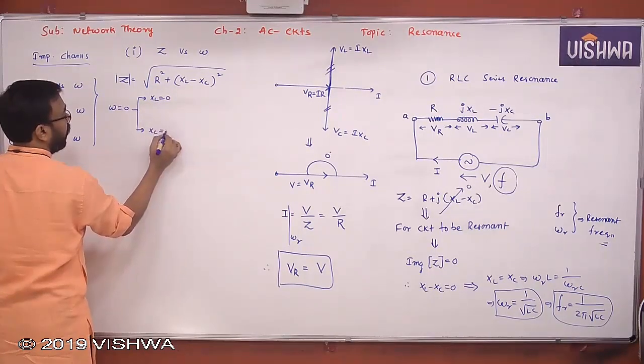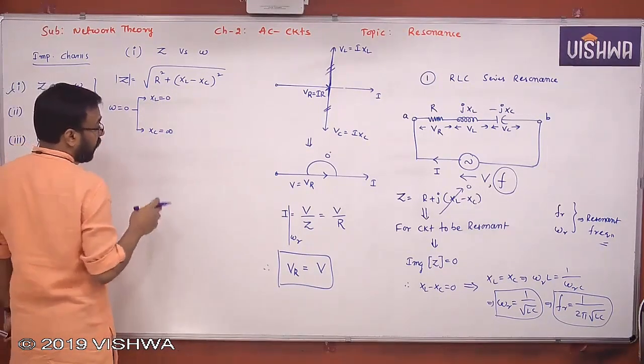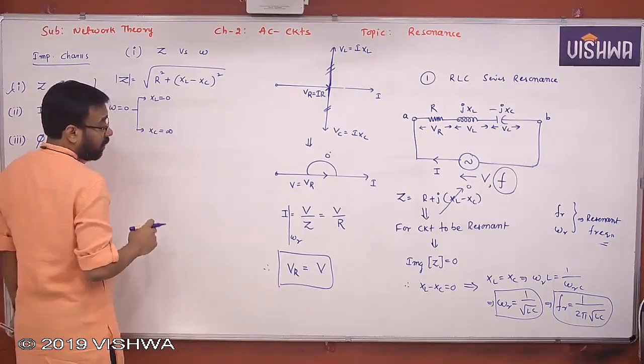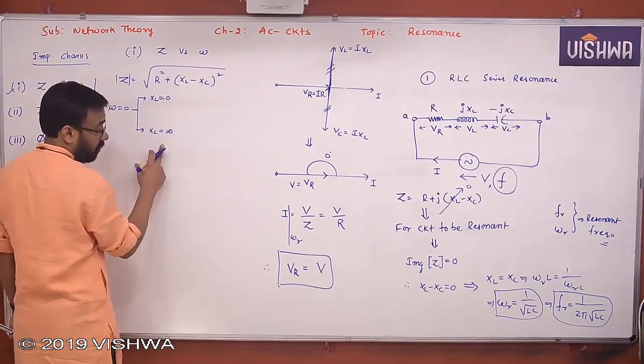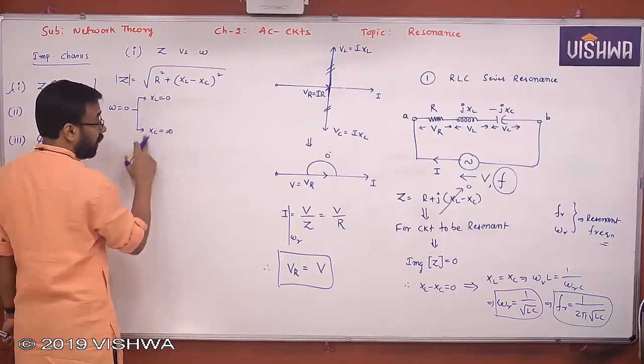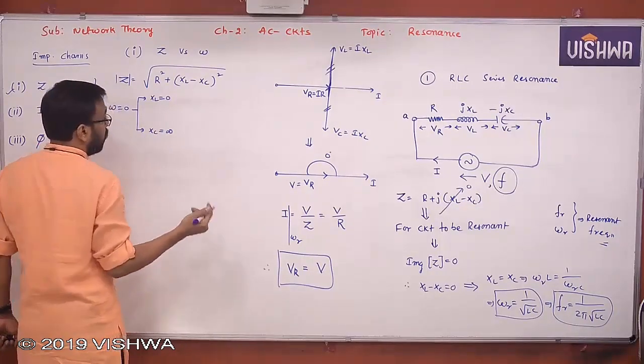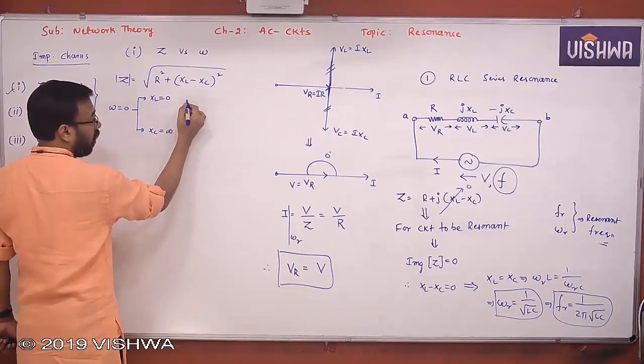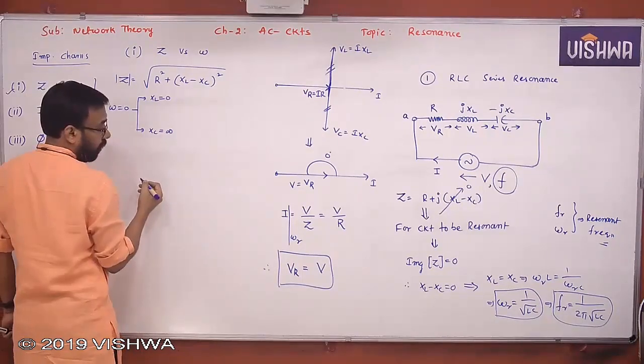And XC is infinity. That means XC is much greater than XL, and this is infinity. Understand? That means the total circuit is behaving like a pure capacitive circuit. So when omega is 0, the circuit is behaving like capacitive. Yes or no, all of you?